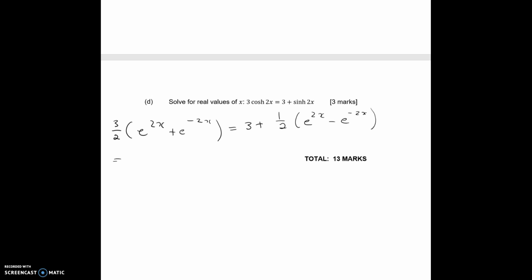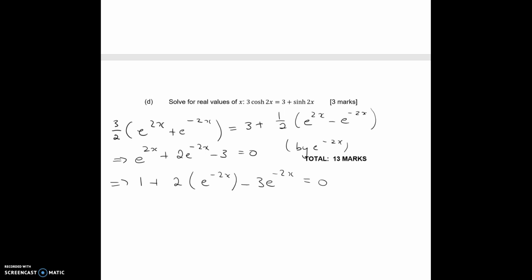Now collecting them all onto one side, we get e to the 2x plus 2e to the negative 2x minus 3 equals 0. It doesn't really look much like a quadratic, but if we multiply every term by e to the negative 2x, it might help. Then we've got 1 plus 2 e to the negative 2x minus 3 e to the negative 2x.